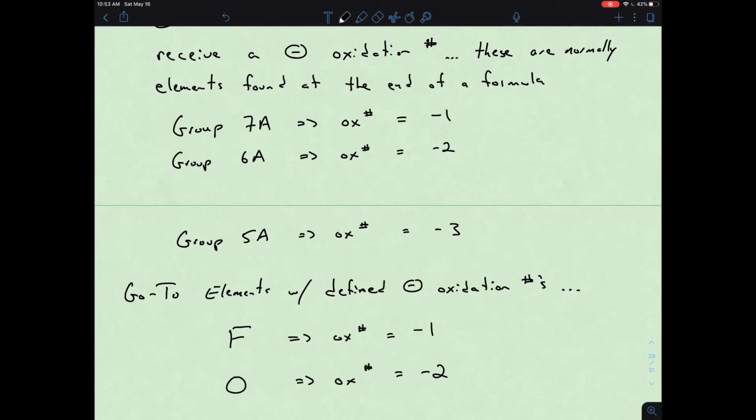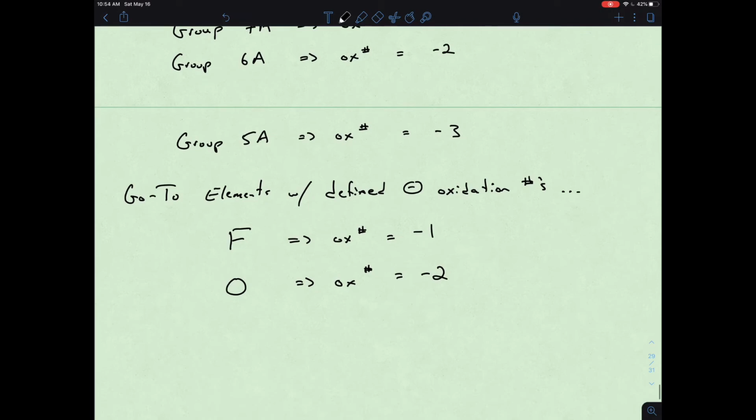But those are the go-tos. We have to be careful, because we have other elements within groups 7A, 6A, and 5A that are less electronegative than the fluorine or the oxygen. So remember, it's the most electronegative element that gets the negative oxidation number, and all the other elements must be more electropositive or less electronegative, and so they're getting the positive oxidation number.